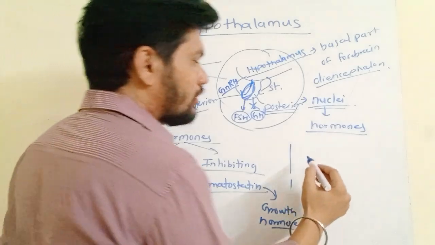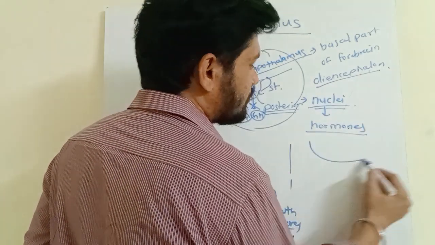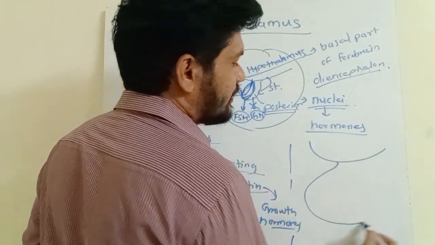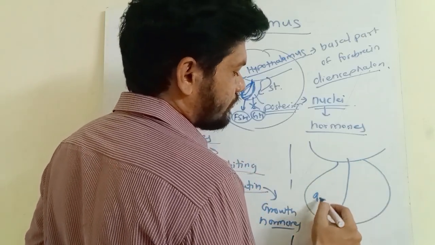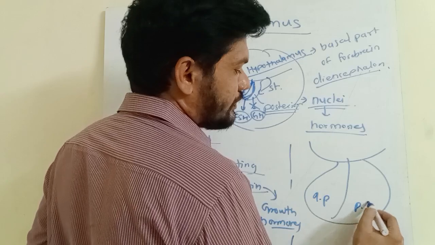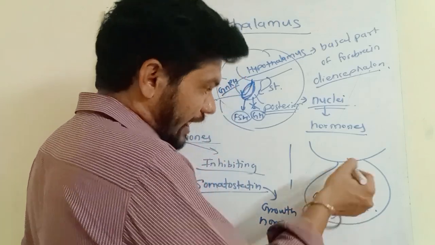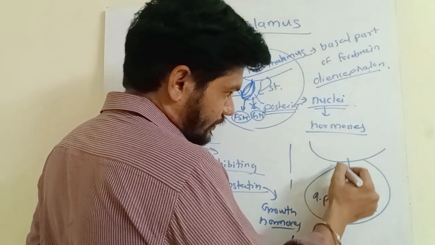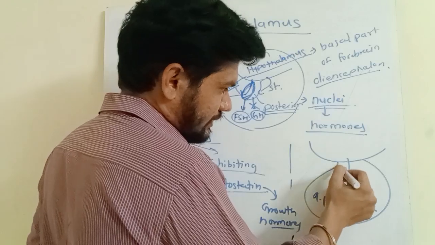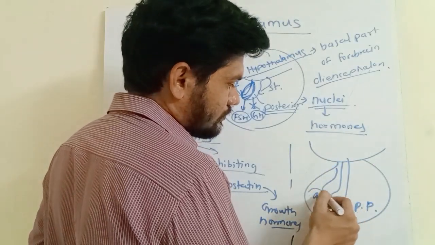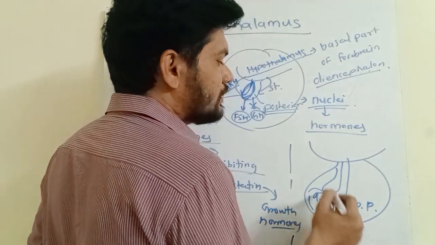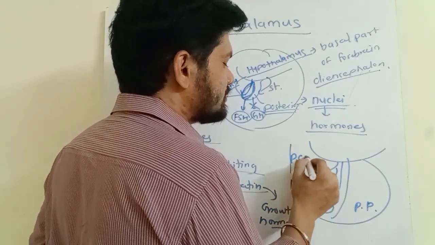So here I will draw a new diagram for you. Suppose this is the hypothalamus, this is the pituitary gland, this is the anterior pituitary, this is the posterior pituitary. Between the hypothalamus and the anterior pituitary, there is a portal circulatory system.